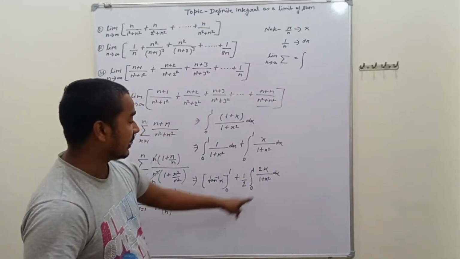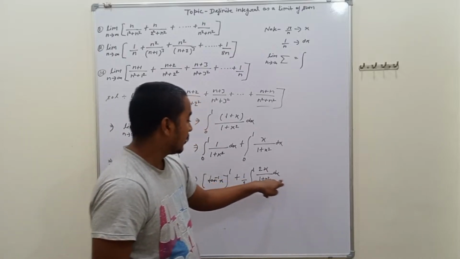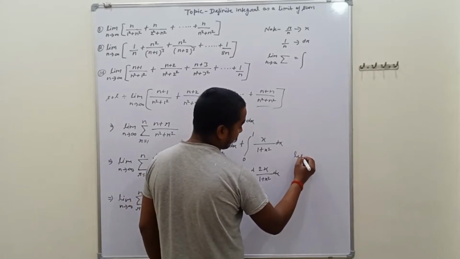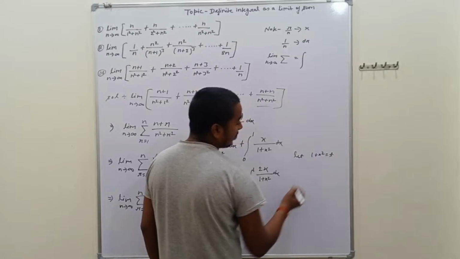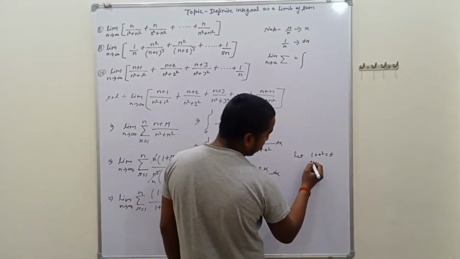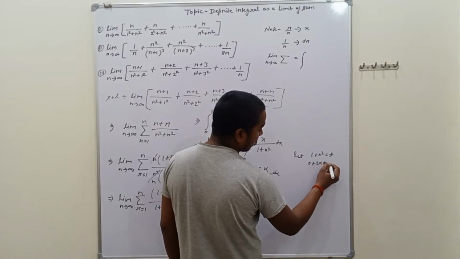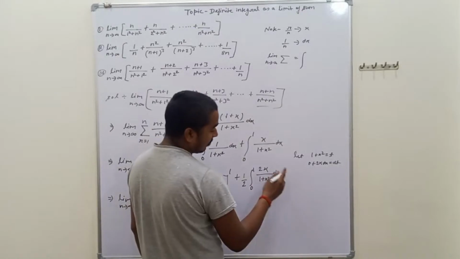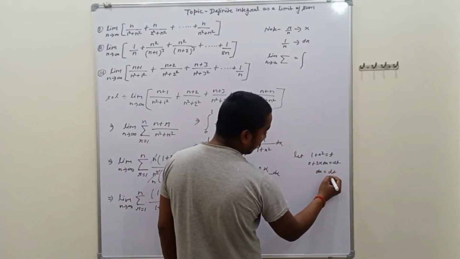Taking 1 plus x square as t, let 1 plus x square is equal to t. On differentiating, 0 plus 2x dx is dt, so dx is equal to dt upon 2x.